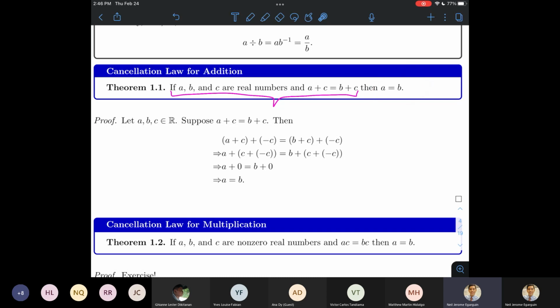So in our proof, we can assume that the if part already occurred, or that the if part is true. These are the only assumptions we can use in our proof, together with all other previously known or previously proven results. And then the goal is to show that assuming this, we'll get A equals B using logical arguments. So that's what we will do in our proof.